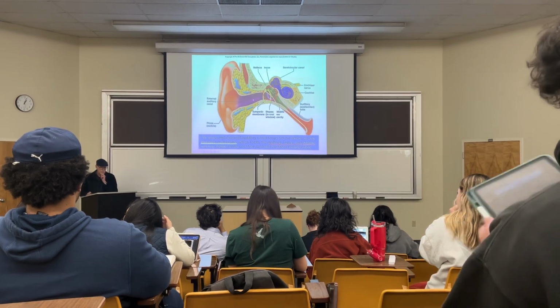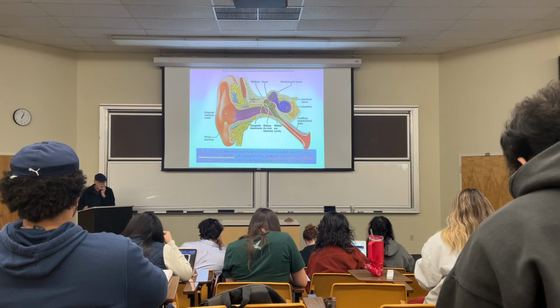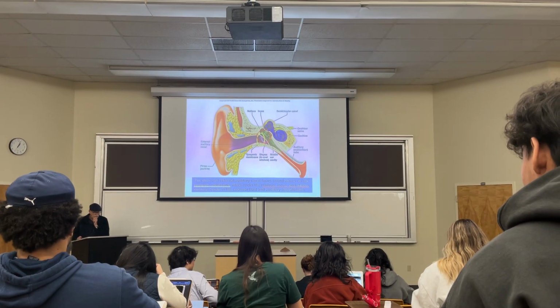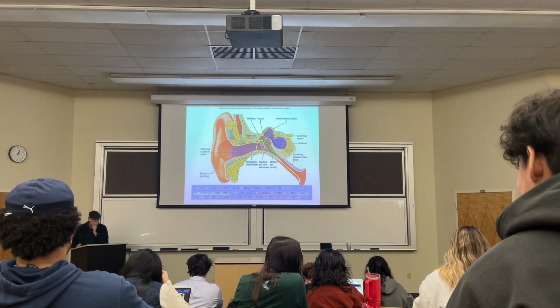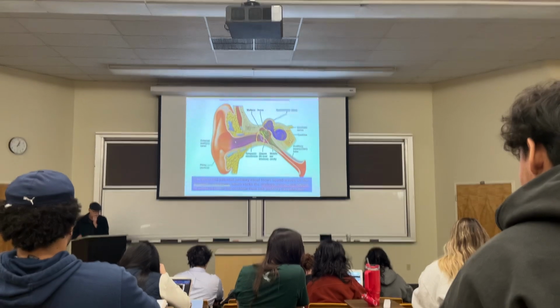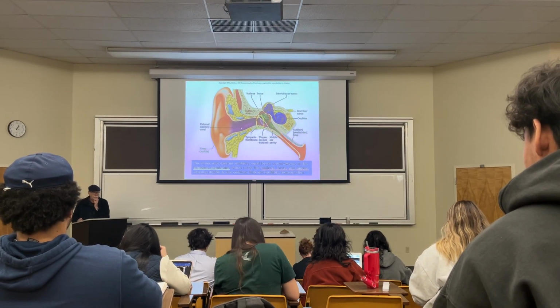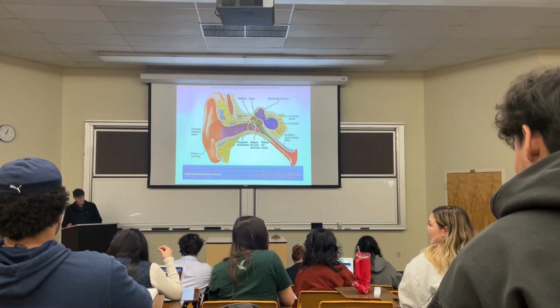Without these mechanisms, less than 1% of the energy that would be out here would reach the cochlea. The three mechanisms again are, number one, this external auditory canal or meatus acts as a resonant column. So it amplifies, especially frequencies that we hear the best.